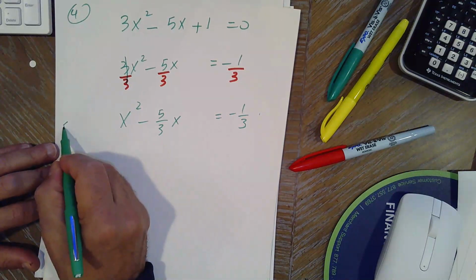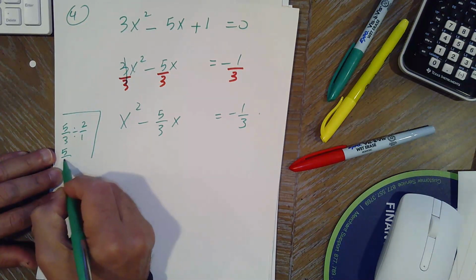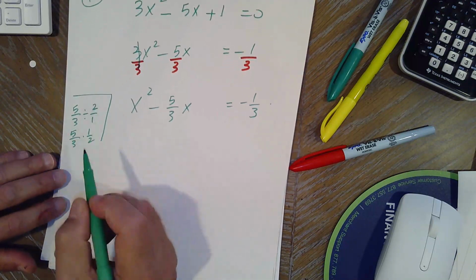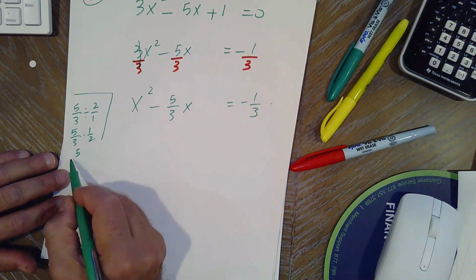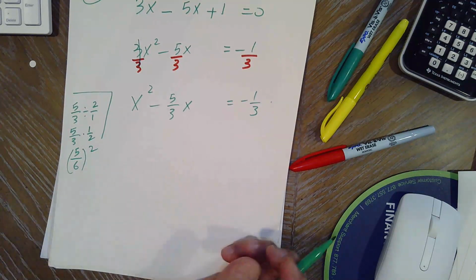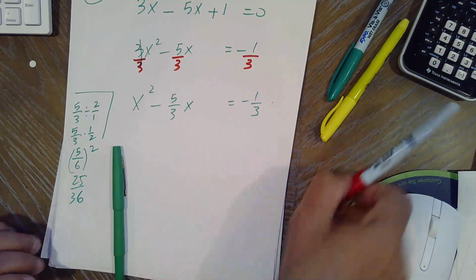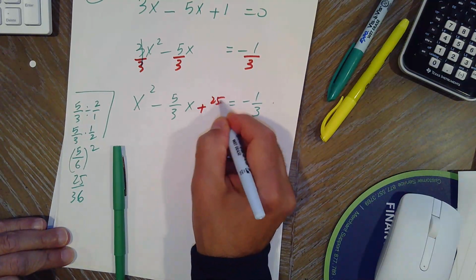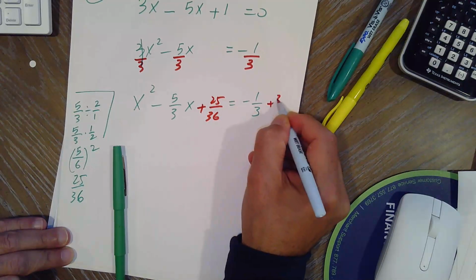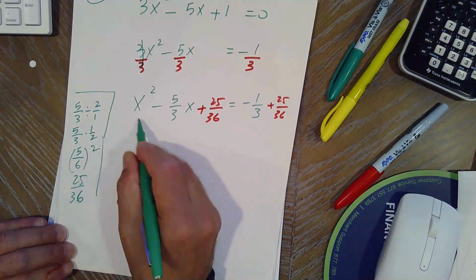Now we take the 5/3 and divide it by 2, which is timesing it by 1/2, timesing by the reciprocal, which is 5 times 1, 3 times 2. And don't forget the squaring part. Divide, then square, which is 25 over 36. So plus 25 over 36, that's 25 over 36. Alright, again, the trick.